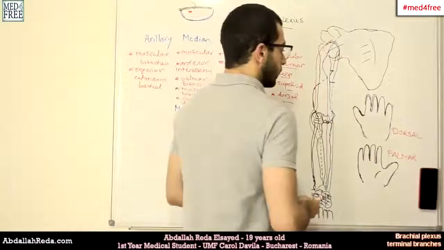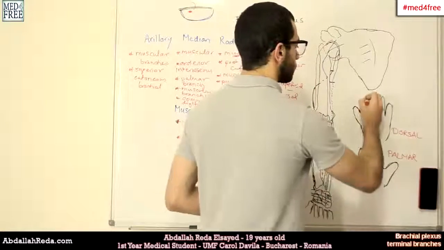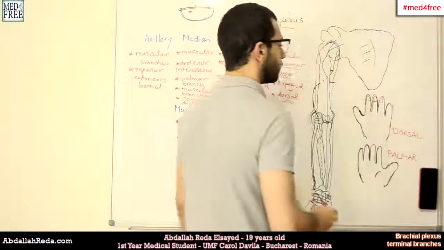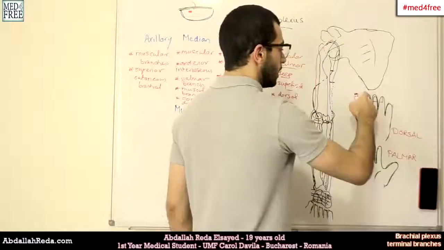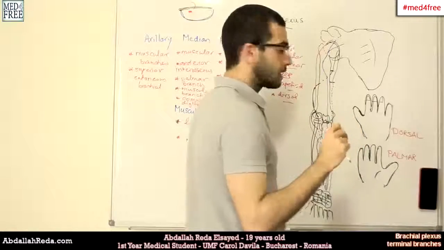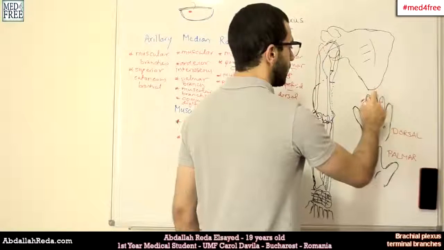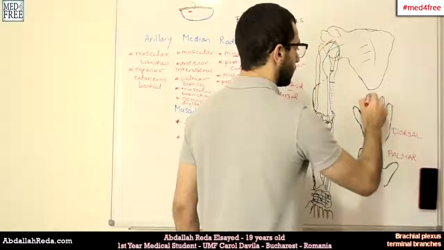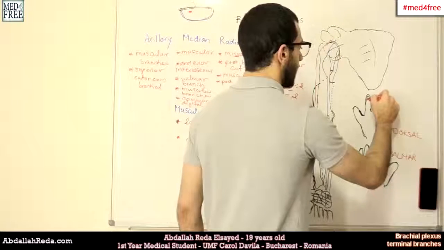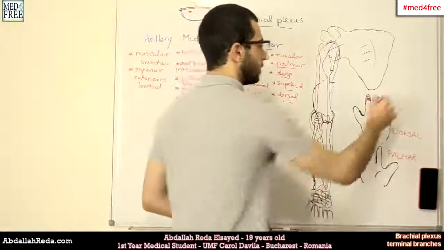So for the dorsal side, actually the median nerve supplies innervation for the skin of the last knuckles of the index, middle finger and ring finger, half of the ring finger actually, just half of it, is innervated by the median nerve. So the median nerve is in red.